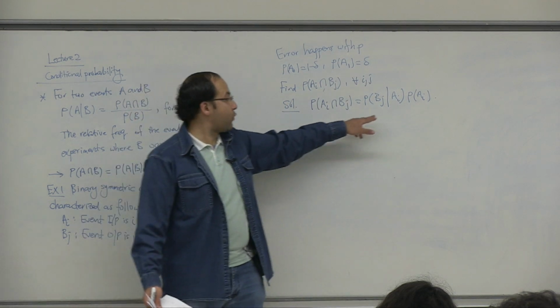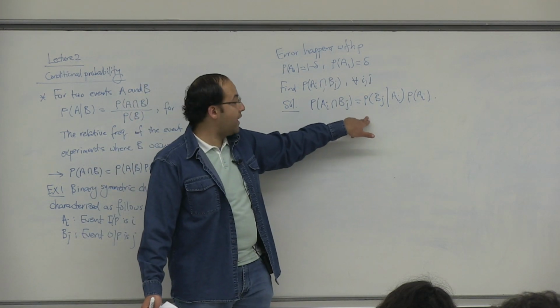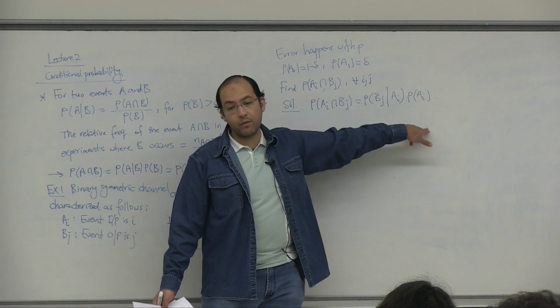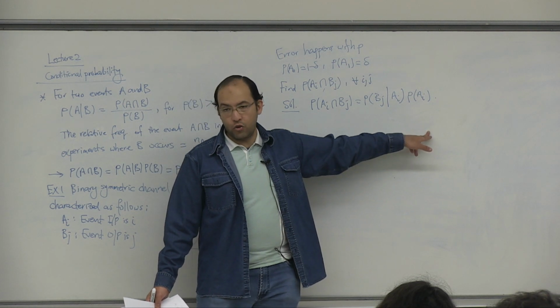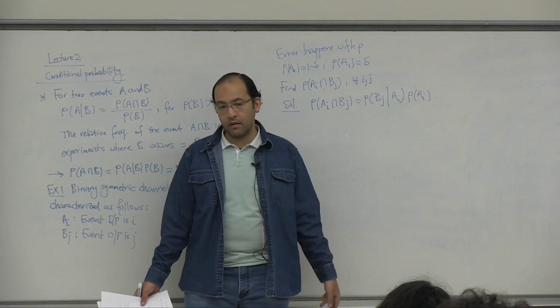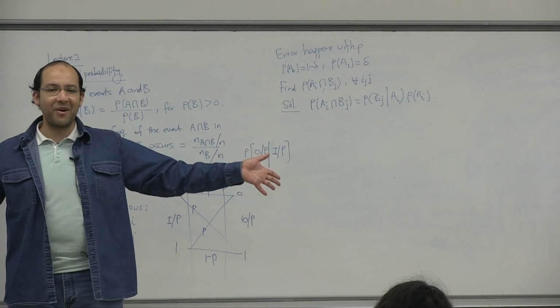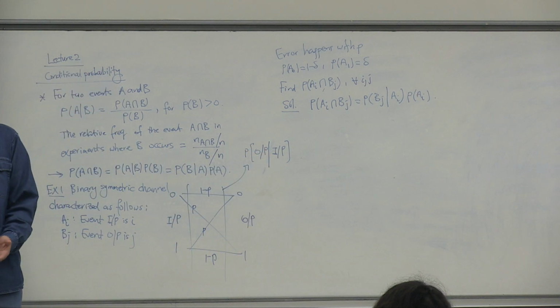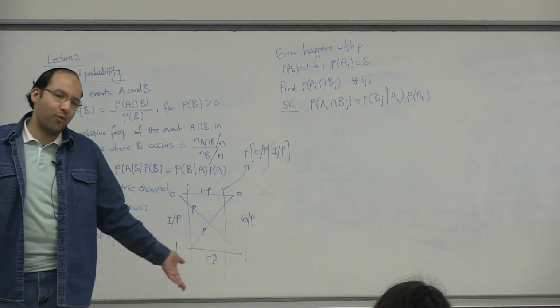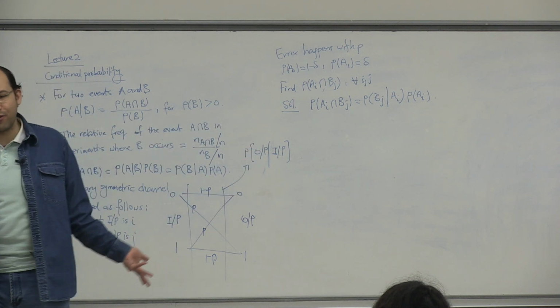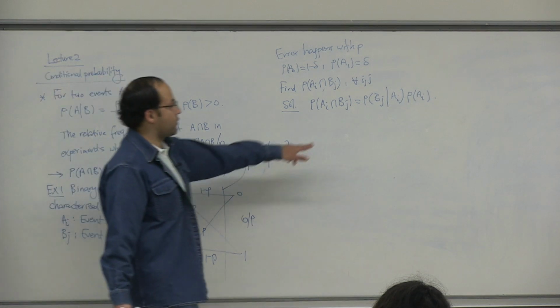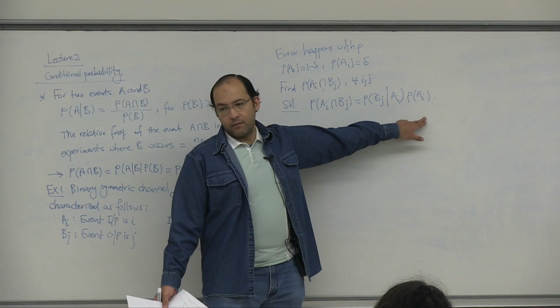For example, if we switched it to A_i given B_j times the probability of B_j, do we know A_i given B_j? This is the wireless communication problem, right? You stay at the receiving end, you get some data, and you want the probability that this data was something. So of course there should be some more effort to get this probability. But we know this probability, and we know this probability, all right?